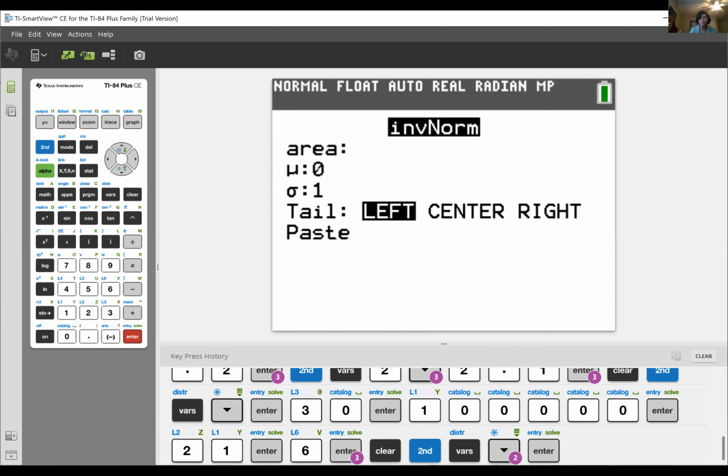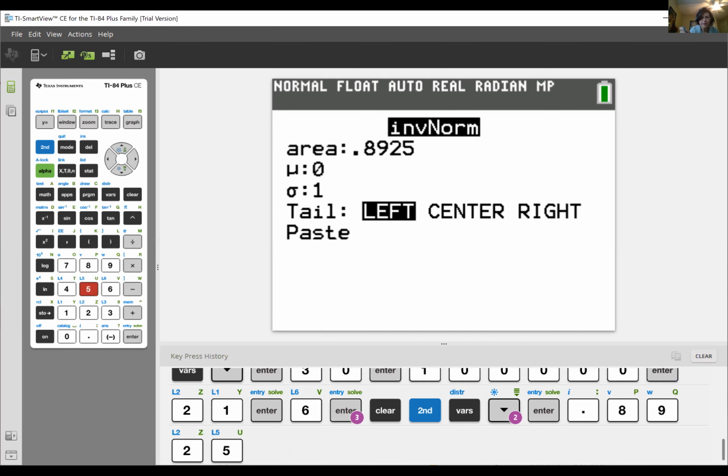So here's what I would put in: the area that was under the curve, 0.8925. And because it's a Z-score, I'm going to leave the mean as 0 and the standard deviation as 1.